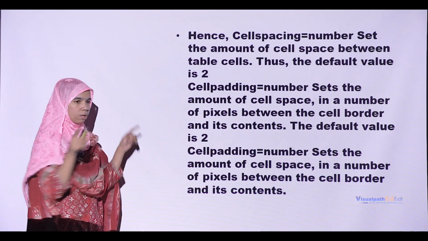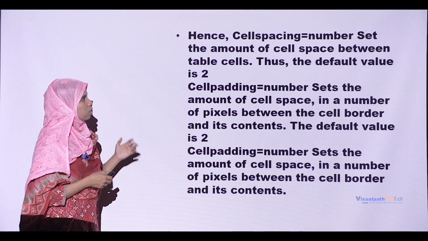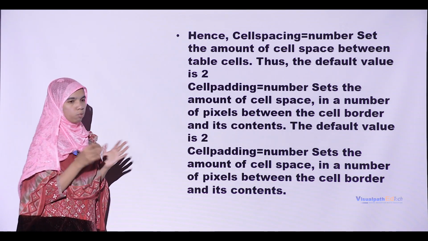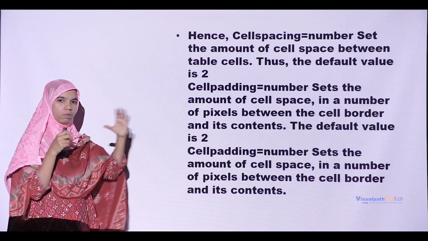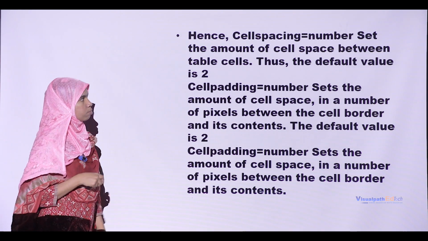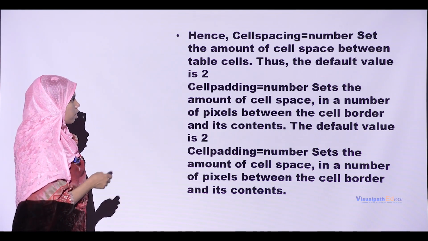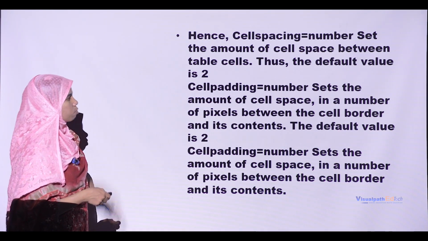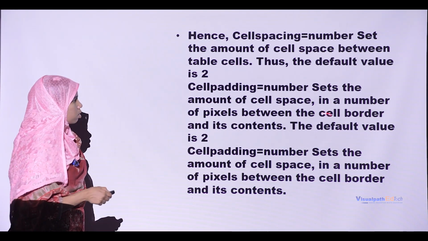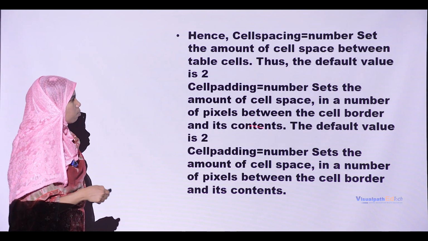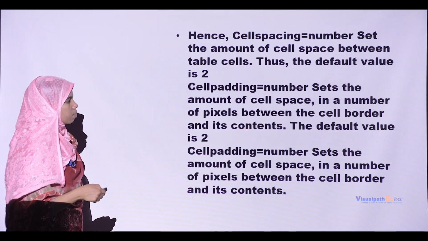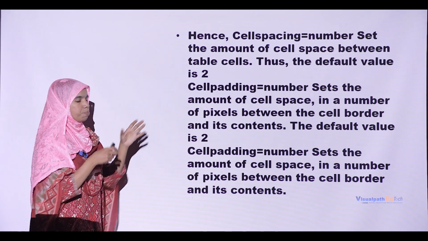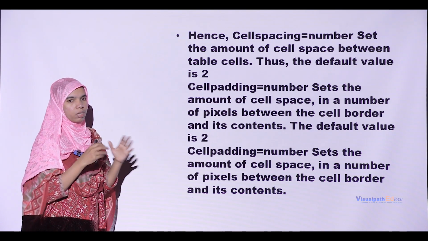Suppose there is a cell, and you give it as 2. Spacing of 2 means it will be that much far away from the second cell. And cell padding, whatever number is given, that many pixels will be mentioned in the cell bordering from the content. Content will be in the middle of the cell.